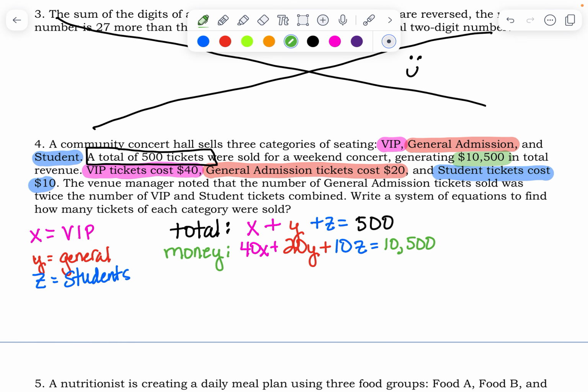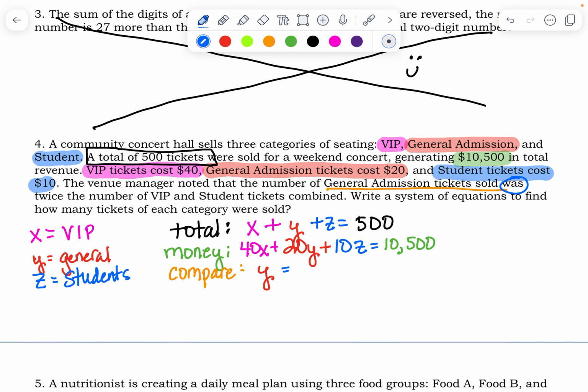So the other equation, instead of total money, I'm just going to call it, let's compare things. So let's see what we're comparing. It says the venue manager noted that the number of general admission tickets sold was, so I could do general admission is the Y. Was is the same thing as our equal that we had a little bit ago.